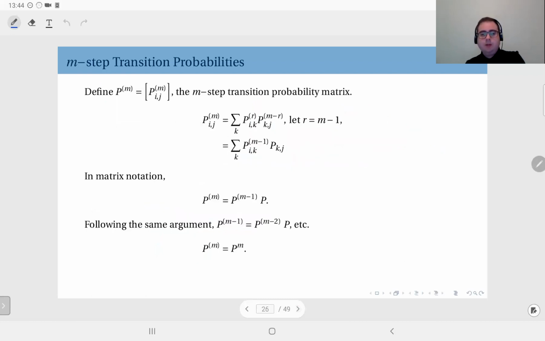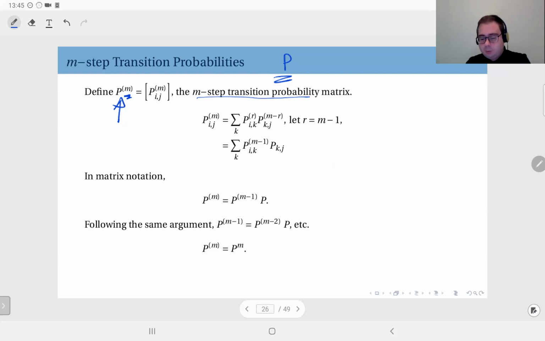And we would like to write this in a matrix form. So if we define this matrix, remember P by itself was the one-step transition probability matrix. So if you would like to write the m-step transition probability matrix, each component at row i, column j, will correspond to the m-step transition probability from i to j.